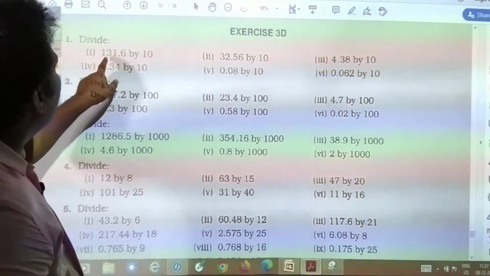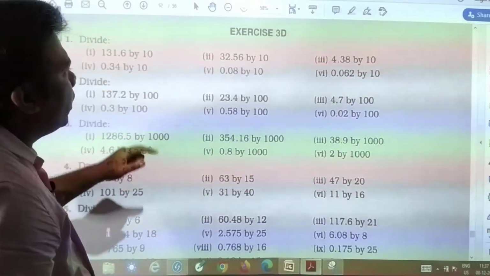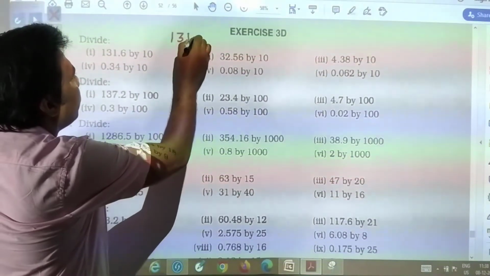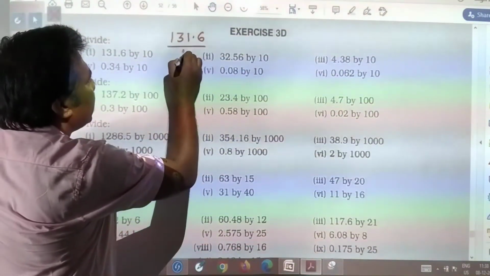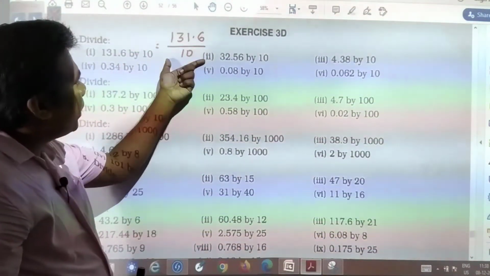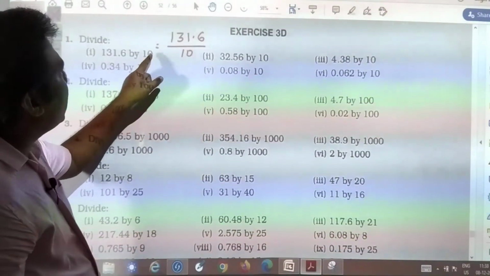Here you see, 131.6 by 10 you need to divide. 131.6 divided by 10. In your notebook, in proper way it must be written and should be done as I am doing.